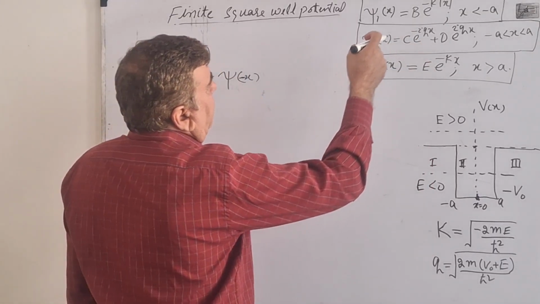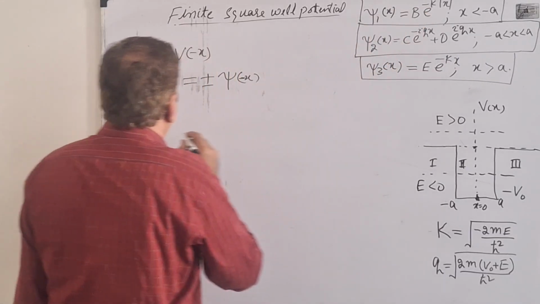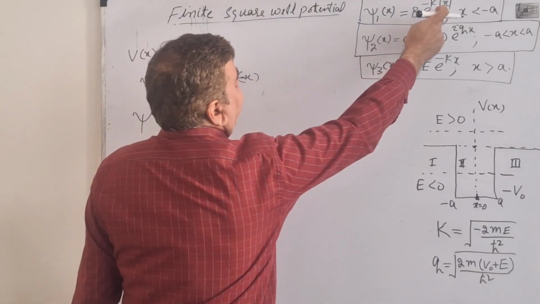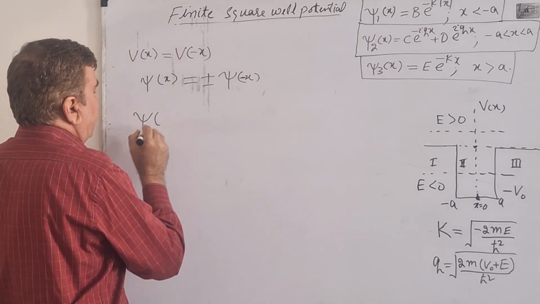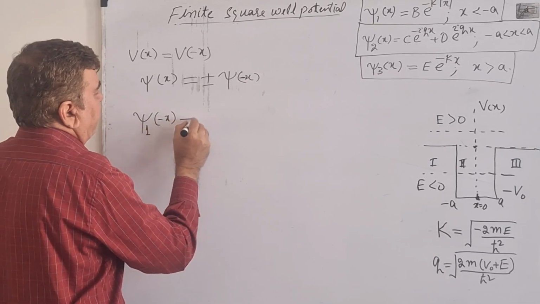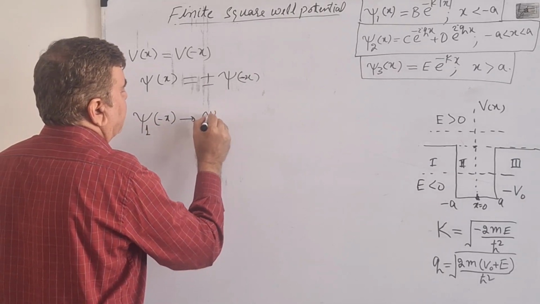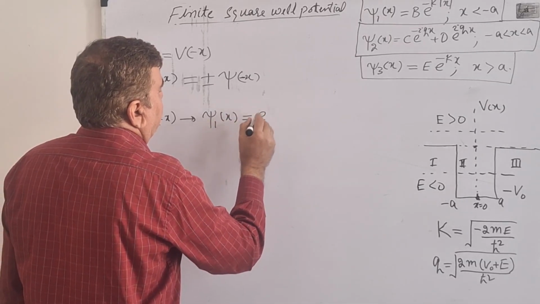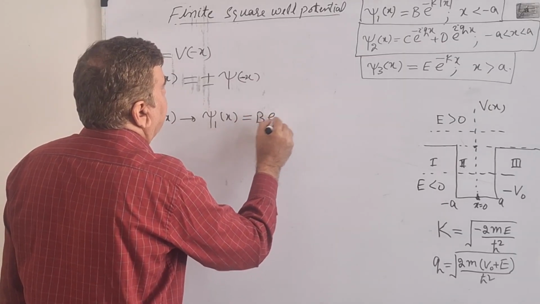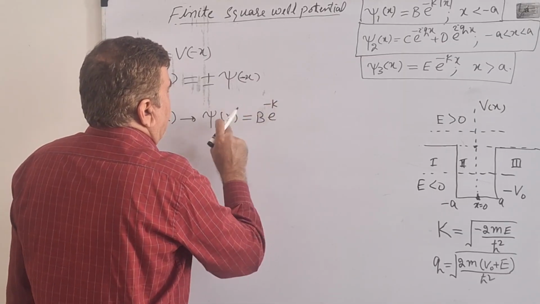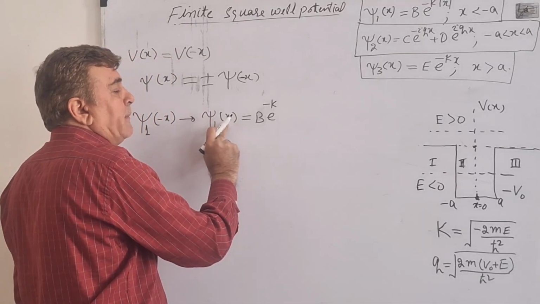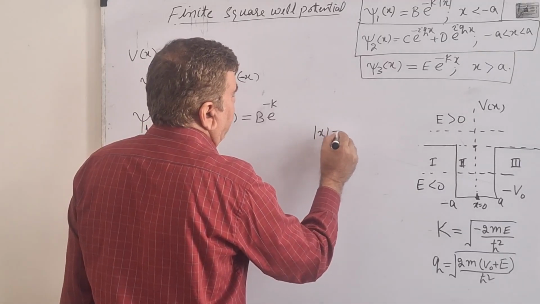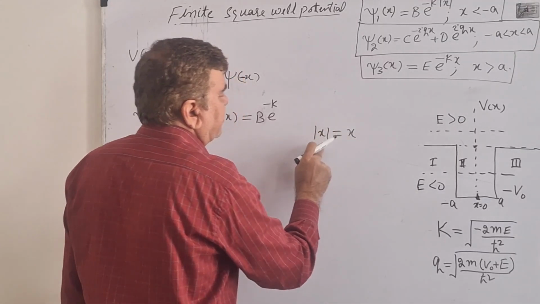For example, if I replace x by minus x in psi 1, that is, we have psi 1 of minus x, and if I set x equal to plus 1, I'll get psi 1 of x equal to b times exponent minus k. And obviously I'm placing x positive, and we know from the definition of absolute value that for a positive value of x, the absolute value of x is just equal to x.